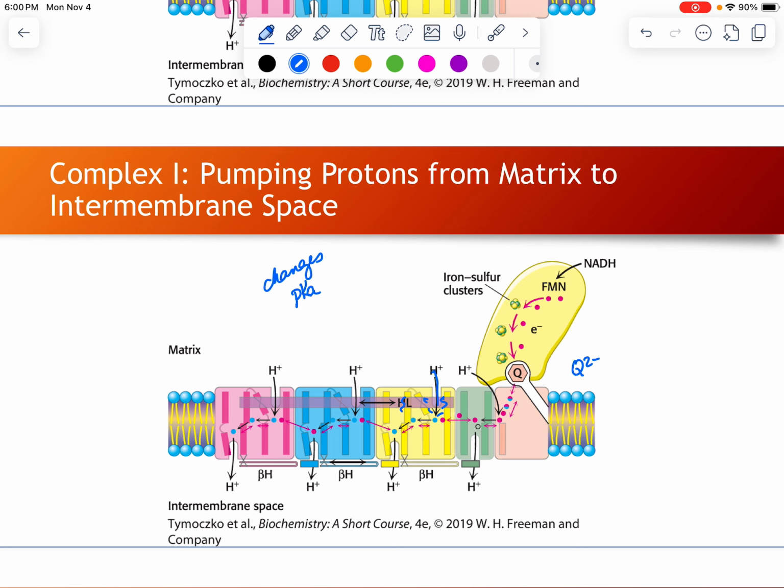So protons will come in and attach, and since the channel is only open to the matrix side, the protons will come in, bind to the side chains, and then they kind of get passed down to this water channel. And now they can move more laterally through here.